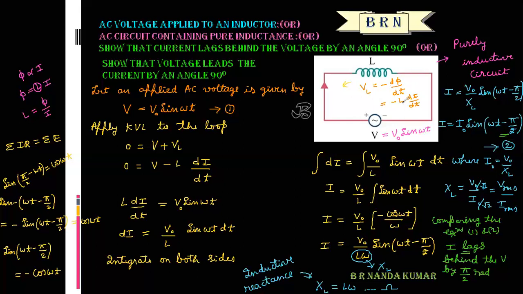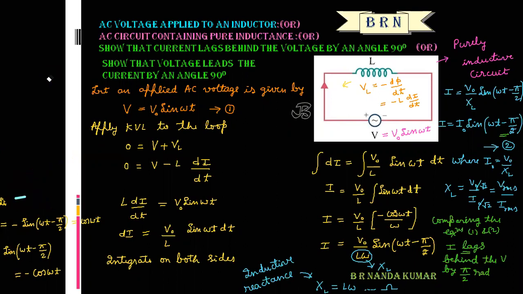Okay, so here the power factor. What is the value of power factor in a purely inductive circuit? Power factor means the quantity cos phi. What is the meaning of phi? Phi is the phase difference between the current and voltage, right?